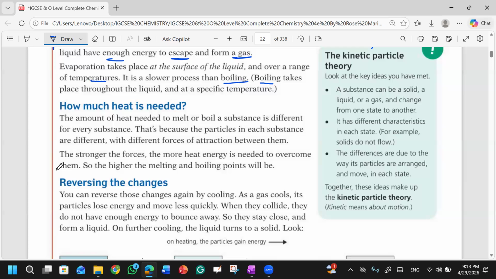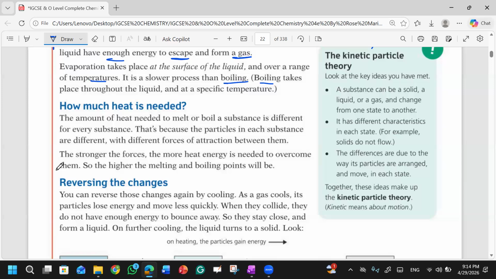How much heat is needed for them? It's different for each substance. It depends on the forces, because of the difference in the forces of attraction of each substance.